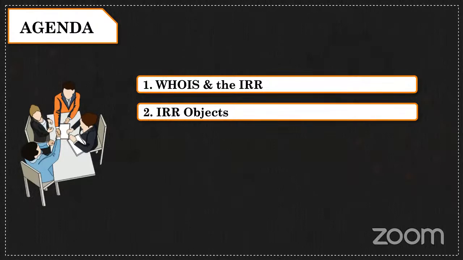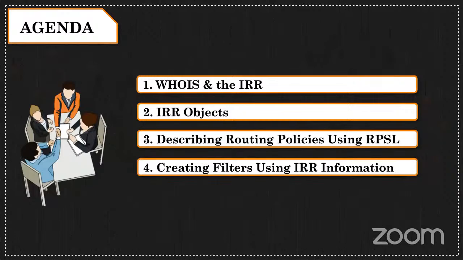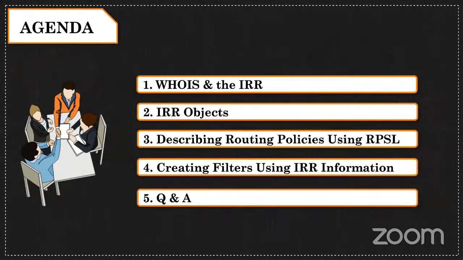Now, because this is a webinar, we will not be looking at all the routing registry objects, but we'll look at the main ones. And the third item on the agenda, we are going to be looking at how you describe your policies using RPSL on our routing registry objects. And then finally, we will look at how you can create filters and prefix lists from IRR objects. And then there will be a short Q&A session where you can interact with us.